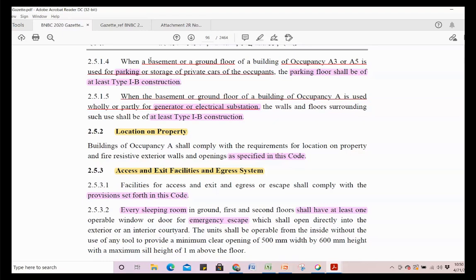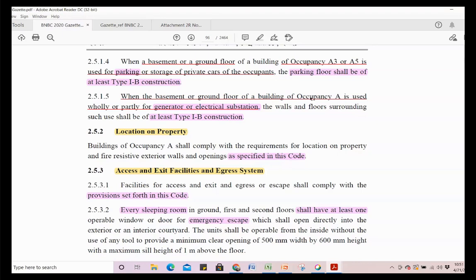So there is another criteria. We already know that type 1B is 3 hour protected construction. So when there will be parking, that will be at least 3 hours protection of construction.